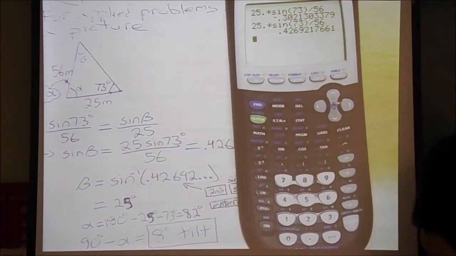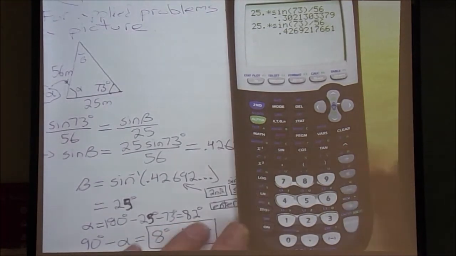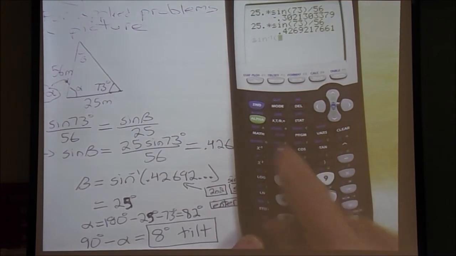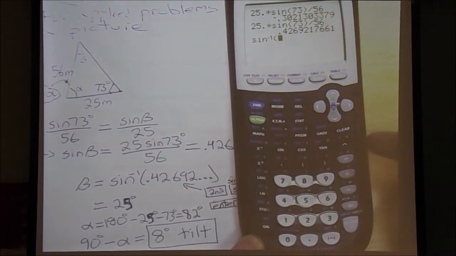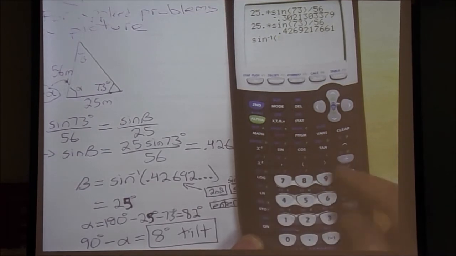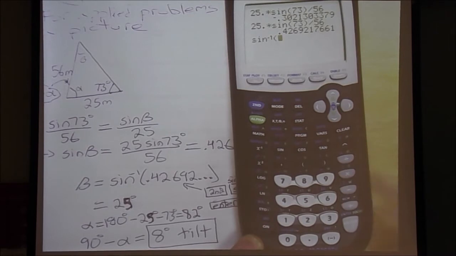Now if we want to take that and avoid making an error by not typing in the number correctly, we can push inverse sine. We push second sine. The inverse sine is above the sine, just like so many other functions are. The square root is above the square, right? The exponential is above the logarithm, and so forth.